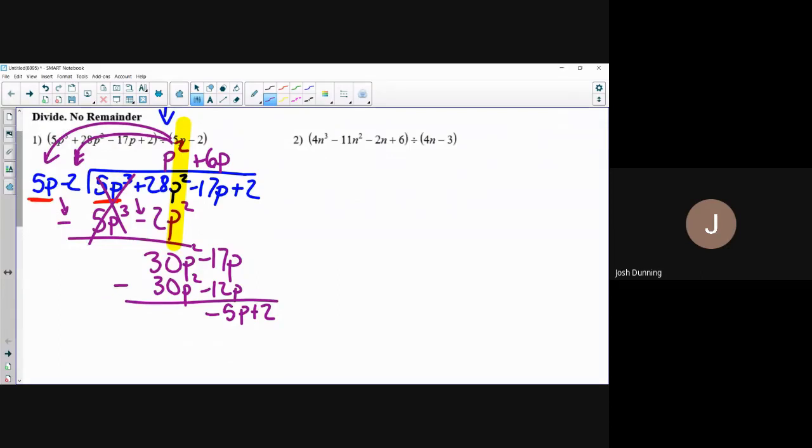Now again, you ask yourself, how do I make that blue 5p match the new leading term, which is negative 5p? I don't need to multiply by any more powers of the variable or anything. All I got to do, change positive 5 to negative 5, is multiply by negative 1. Don't forget to distribute.